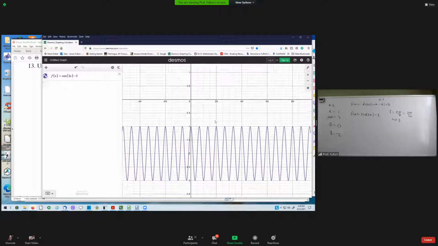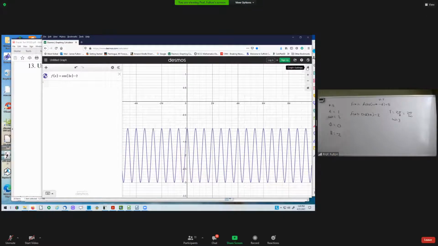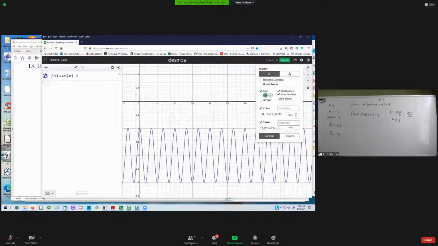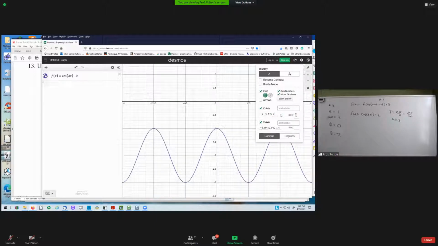Let's see if we can move it a little bit better so we can see this a little bit more. The x I'm going to go from minus pi up to, say, pi. And that's kind of good enough there.